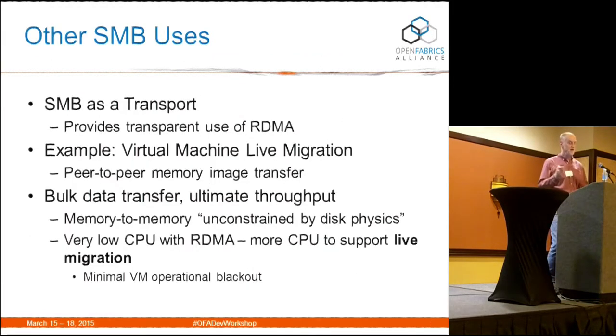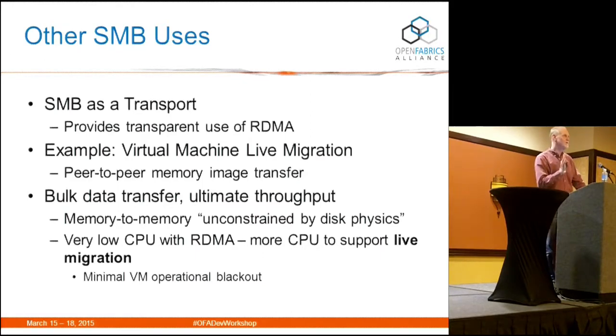Other SMB uses, it functions as a transport in Windows. You can use it for RPC and you can use it for Hyper-V live migration. I'll give you a performance example of virtual machine live migration in a memory-to-memory image transfer. For bulk transfer with live migration, it's like ultimate throughput. It's memory to memory, so we consider it unconstrained by disk physics, right?